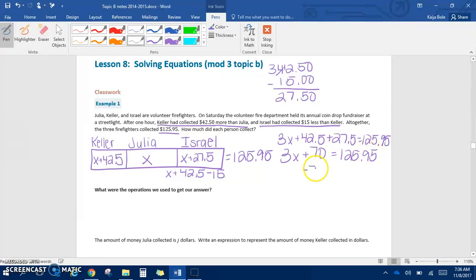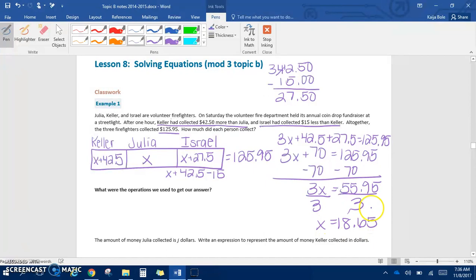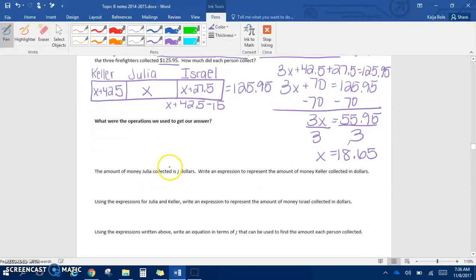So now I subtract 70 from both sides. So I get 3x equals, and when you subtract these, you get $55.95. Then I'm going to divide by 3 on both sides. So then I get x equals 18.65.